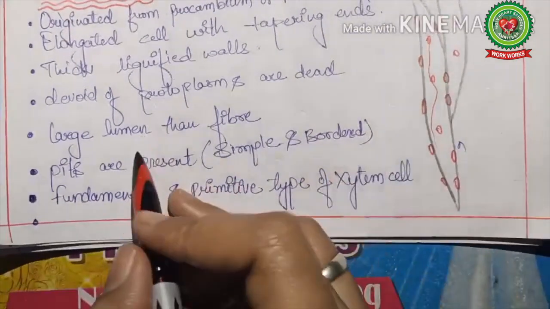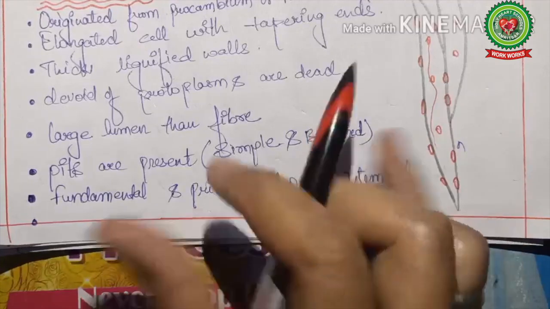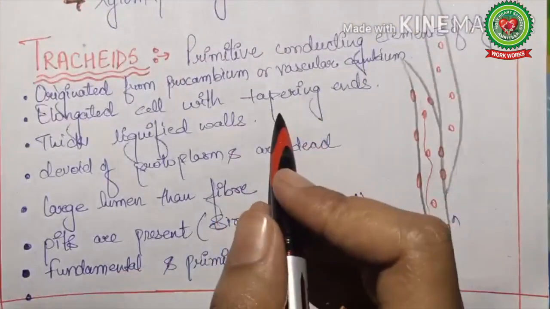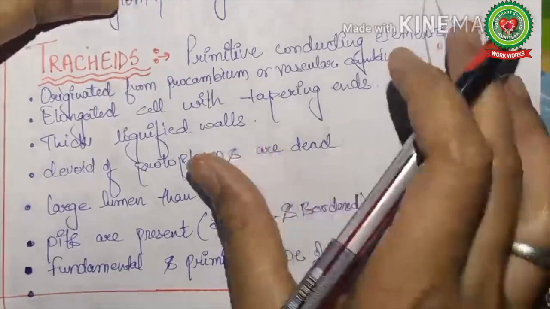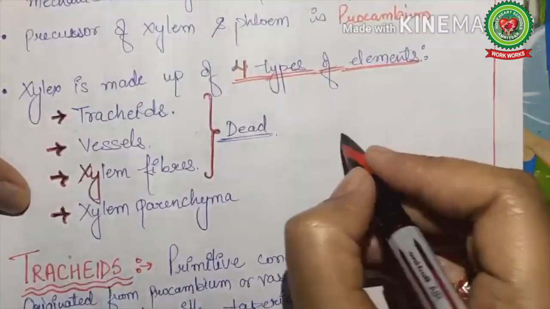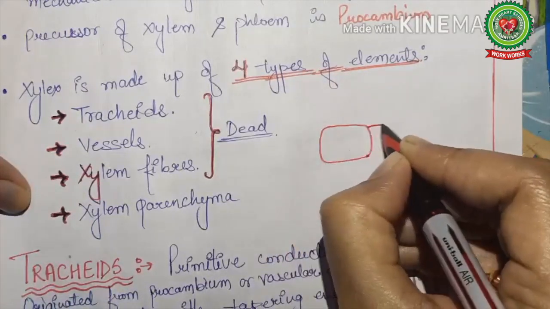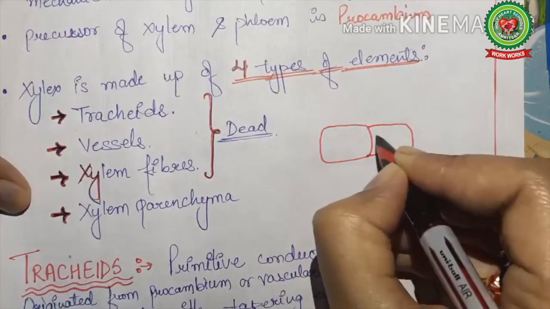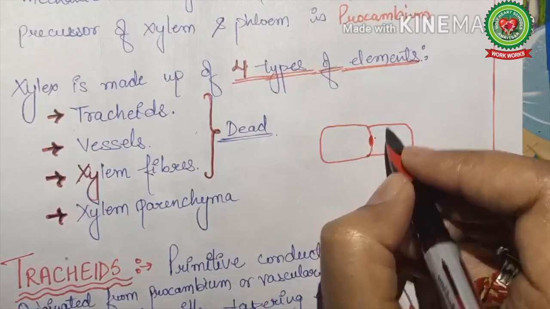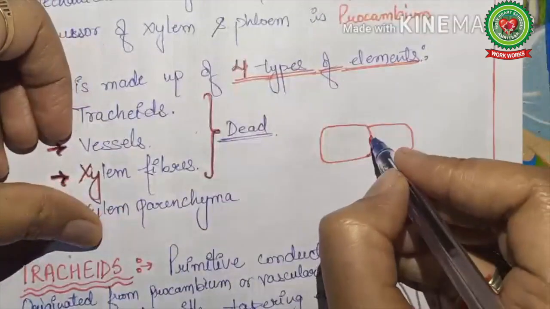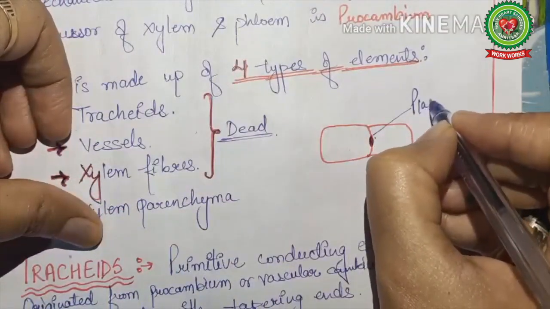Pits are present. Here both types of pits are present, simple as well as bordered. Here you should know what simple pits and bordered pits are. Actually, a pit represents an area between two cells, which represents plasmodesmata.